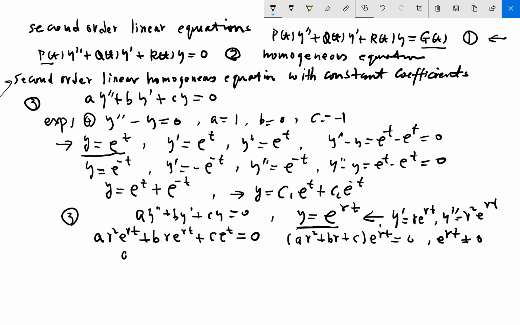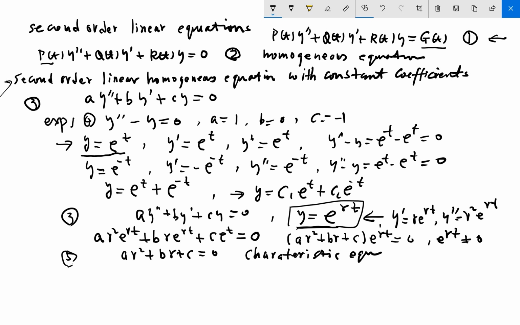Therefore, that means the bracket must be 0: a r squared plus b r plus c equals 0. We call this the characteristic equation, let's call it equation 5. What that means is, if r is a solution of this quadratic equation, then e to the r t will be a solution of equation 3.